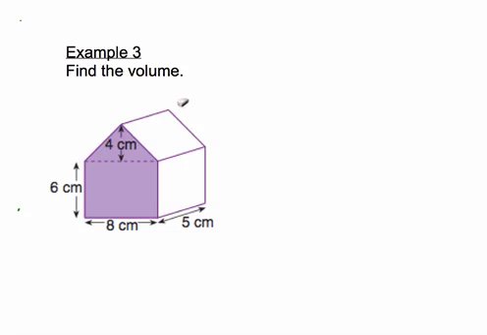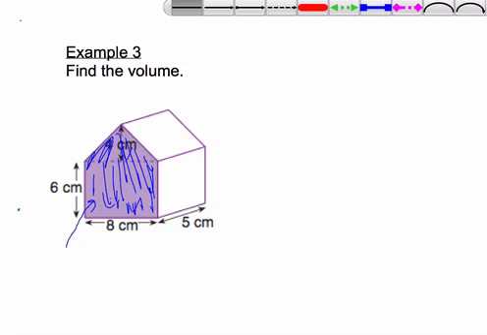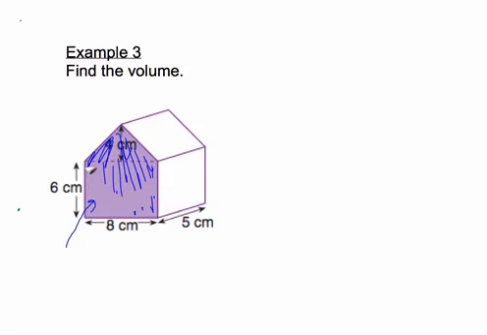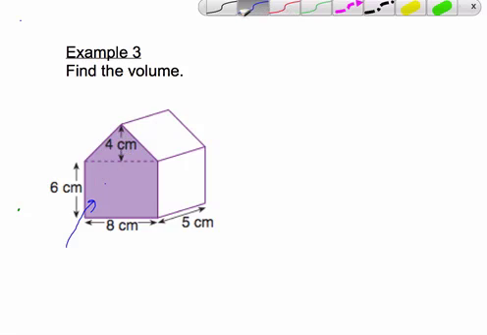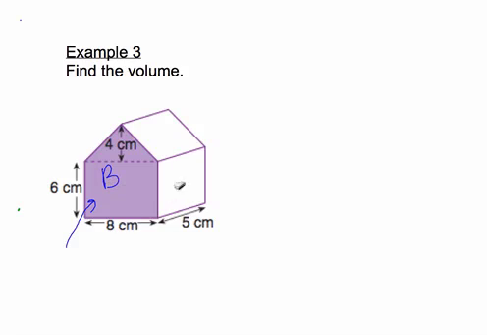So we could find the volume of the triangular prism and then add it to the volume of the rectangular prism, but you could also just get the area of this entire base right here, in purple, and then multiply by the height of the prism, which is 5. The height equals 5 because that's the distance from this base in the front to the same base in the back. So that's the height of the prism.